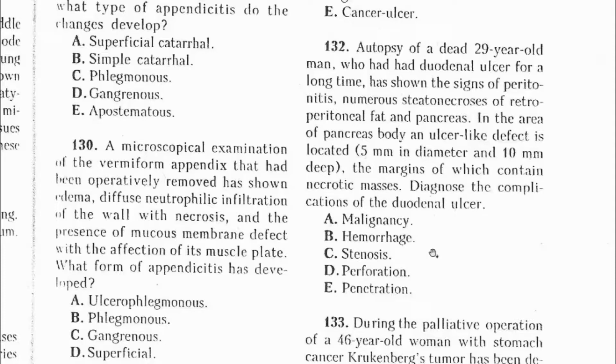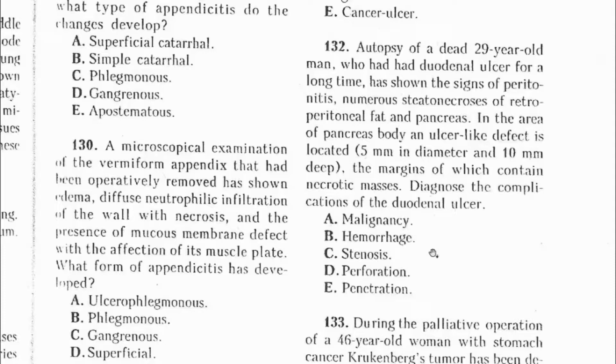Now, this is of course a complication of duodenal ulcer, but it is of the ulcerative destructive form. Which include perforation. Now, perforation is when the anterior wall ulcers penetrate into the free peritoneal cavity, resulting in peritonitis.